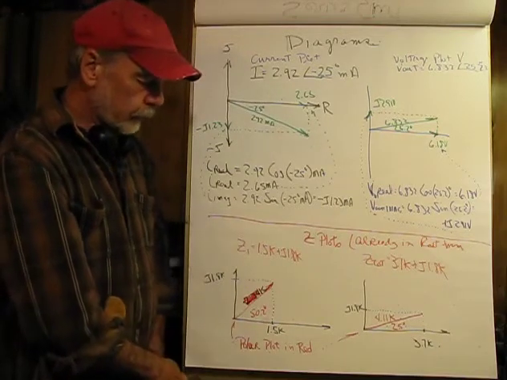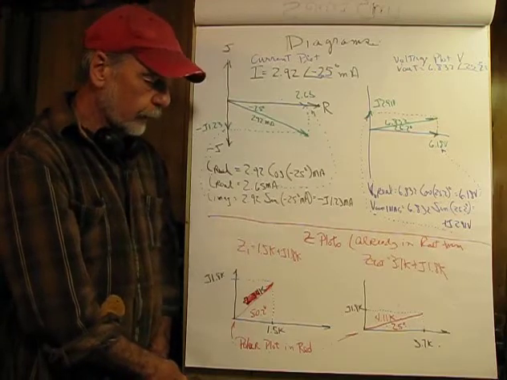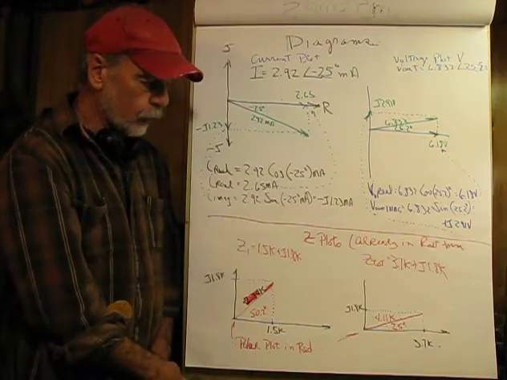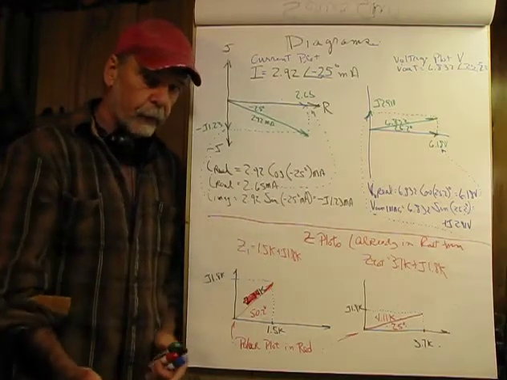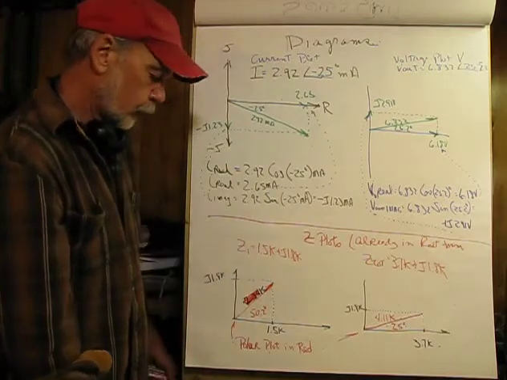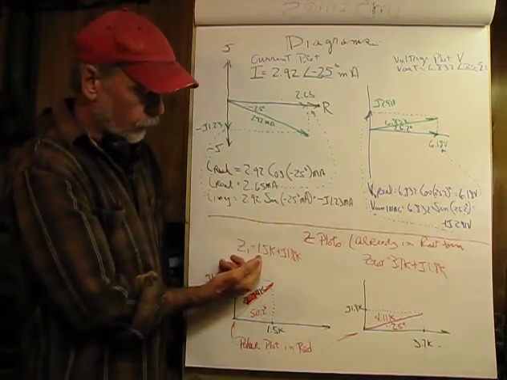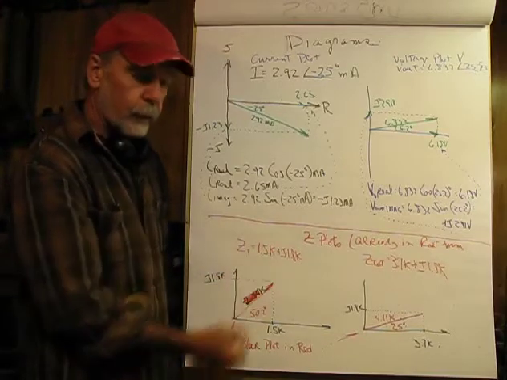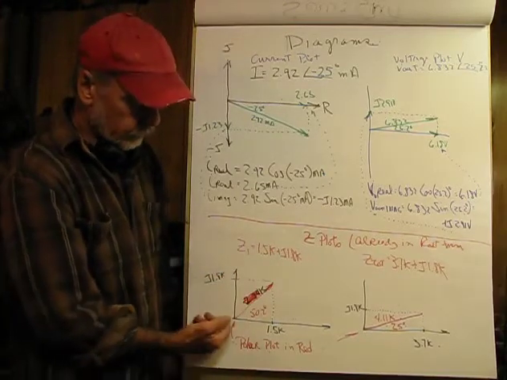Now for the Z diagrams. Well, fortunately both Z1 and Z total are in rectangular form to begin with, so plotting those is kind of easy. Z1 was the 1.5K plus J 1.8K, easy enough.